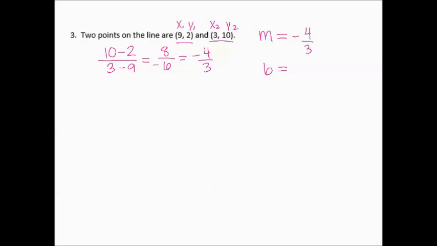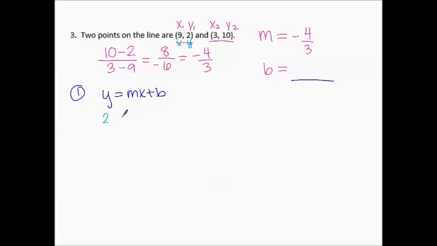Now I can use my same steps that I've used before to find my b value. Remember, step 1 is to substitute. So for this, you can use either point. I'm going to use the first point to substitute. So remember, we take y equals mx plus b, and we substitute in. Here's my x and my y.